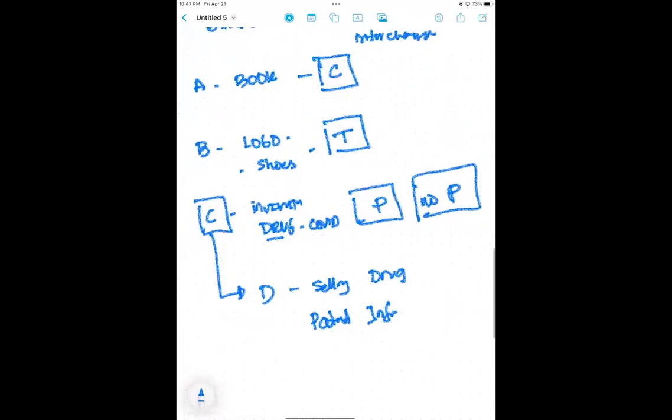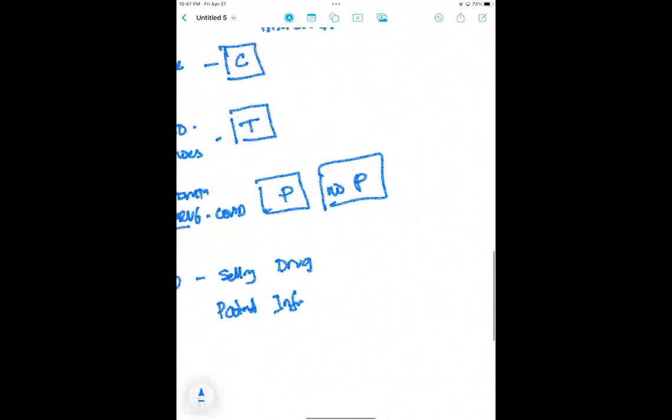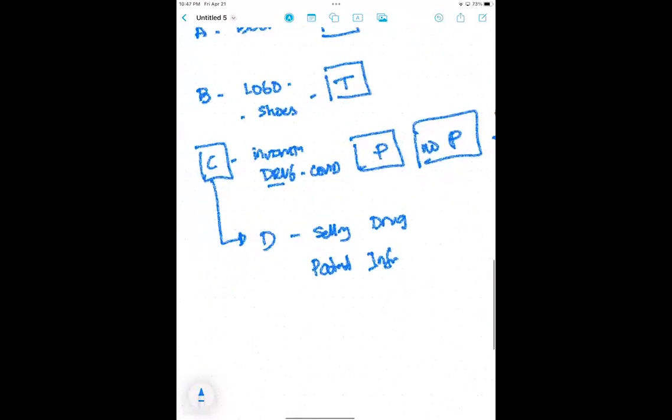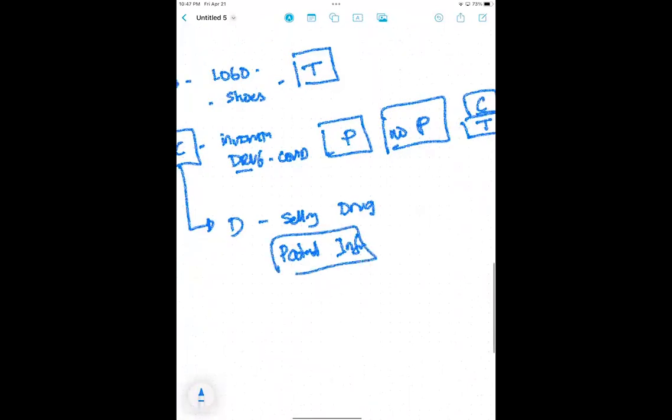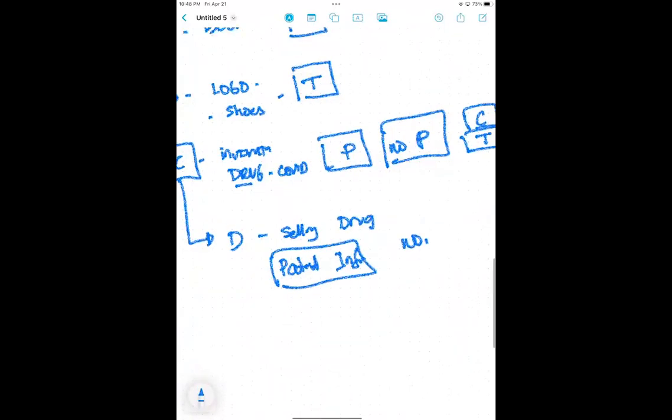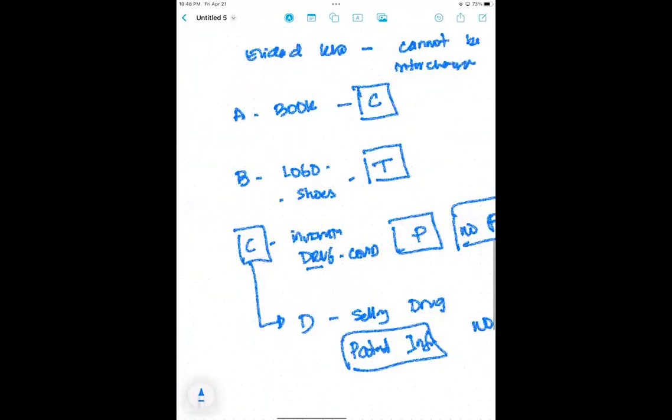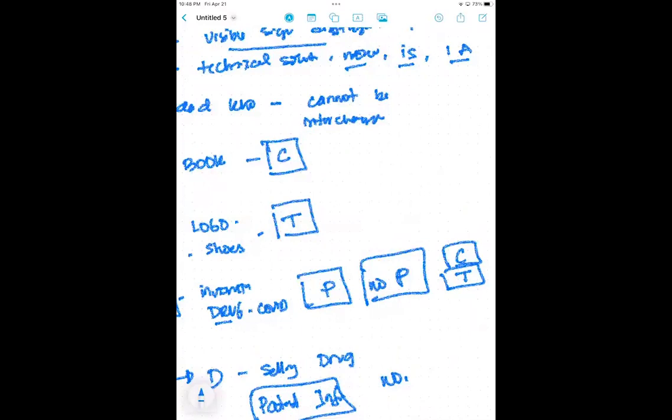What C was claiming was that he was able to secure copyright and trademark for the drug. Can C make D liable for patent infringement? The answer is no. And the reason for that is that these intellectual property rights, patent, trademark, and copyrights are different intellectual property creations and they cannot be interchanged.